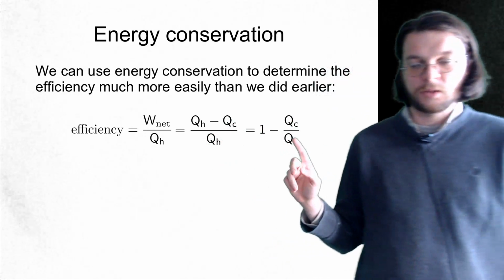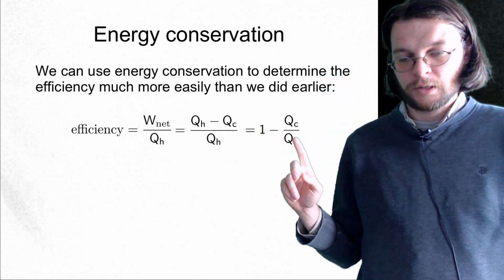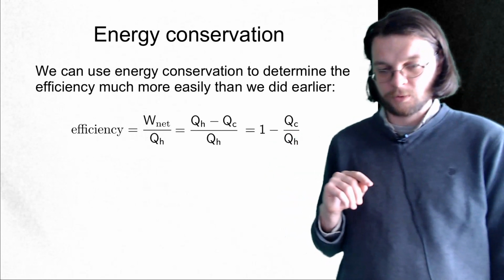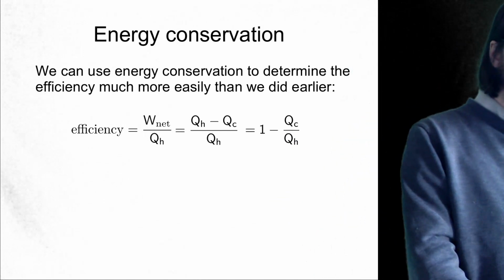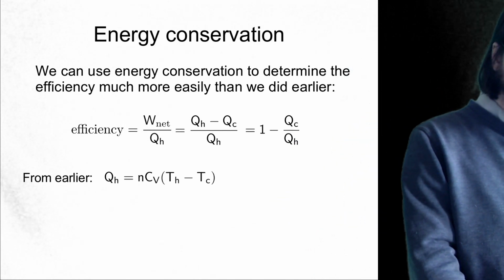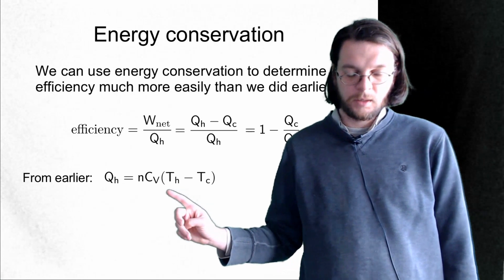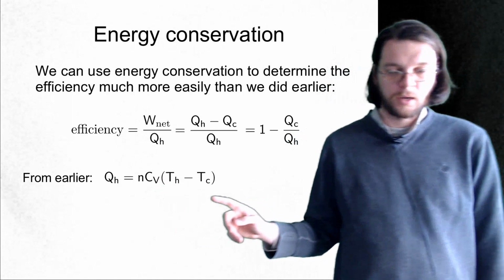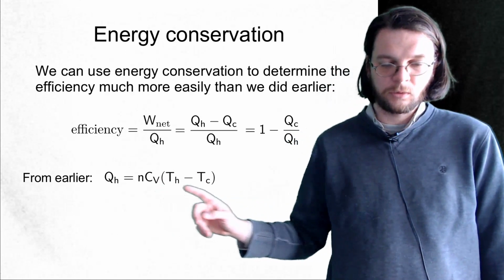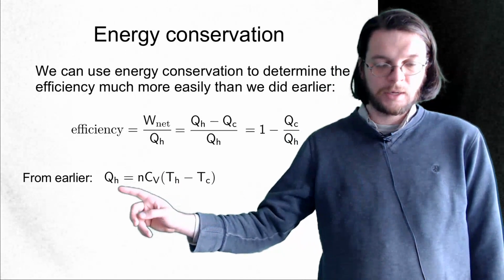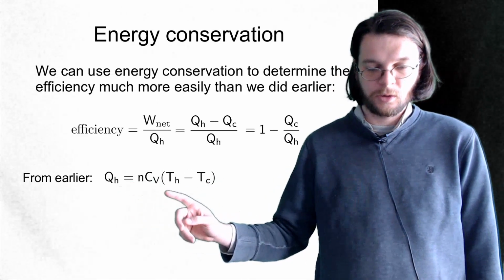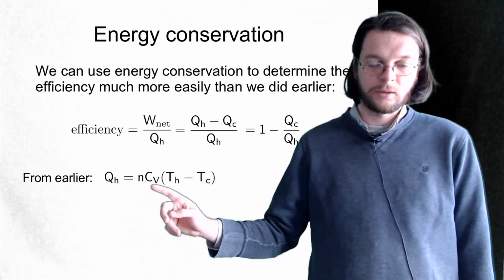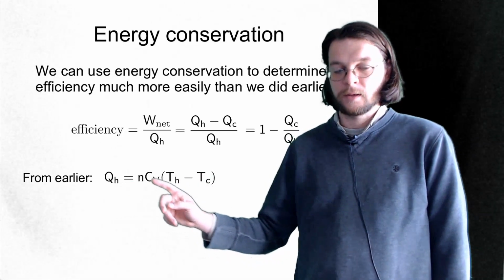But what we can do is use what we know about our thermodynamic processes to try to figure out how this relates back to temperature. So for example, in the constant volume processes, isochoric processes, if we're going from T cold to T hot, the amount of heat that it takes to go from this cold temperature to this hot temperature is going to be the heat capacity times the number of moles.